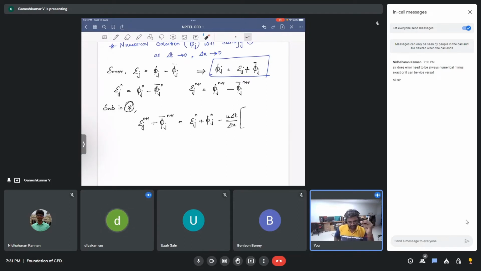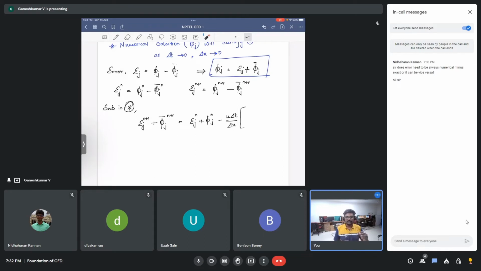The thing is, we won't be able to, because we don't know the analytical solution for a lot of problems. Yes, sir. Understood. We don't have the exact solution. So we are just representing it like this, and we will understand how the error behaves for this discretization scheme. If the error reduces, it has nothing to do with the analytical solution, because you are approximating the derivative for a numerical scheme.